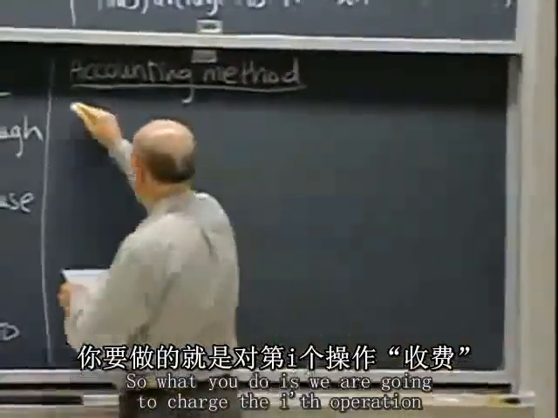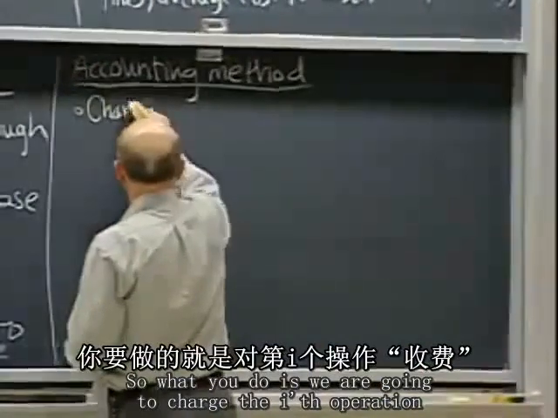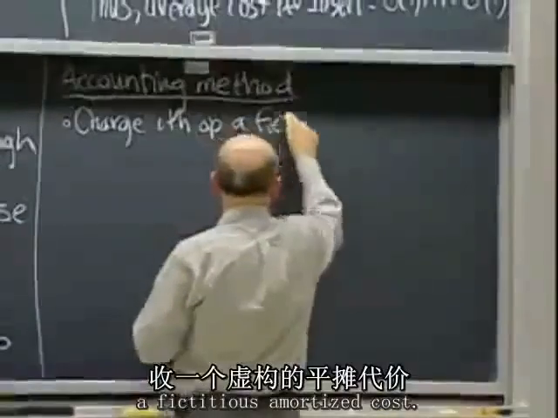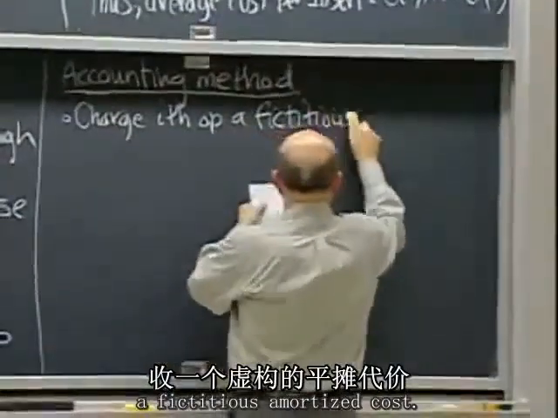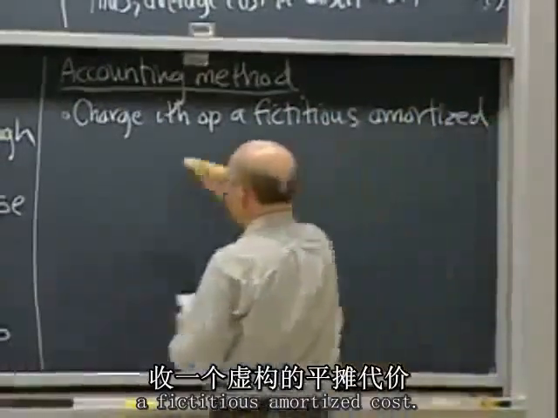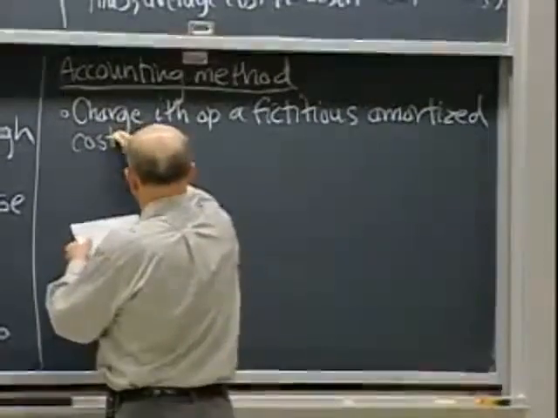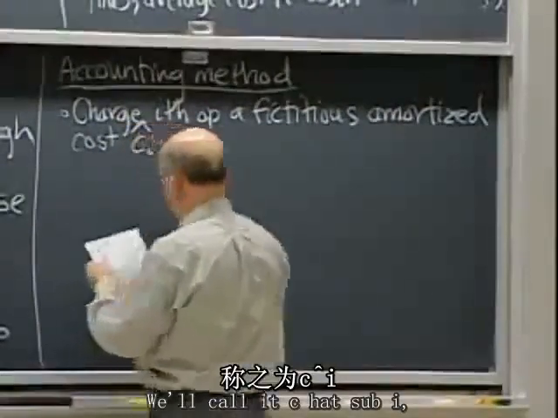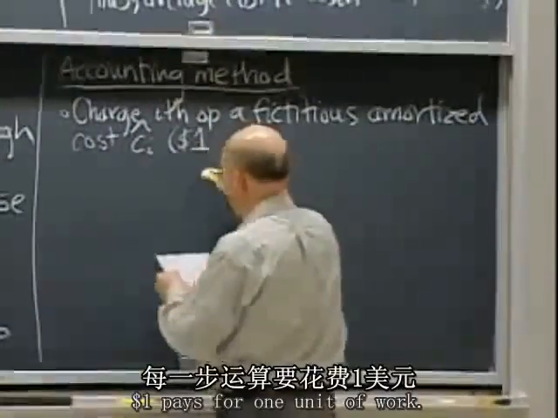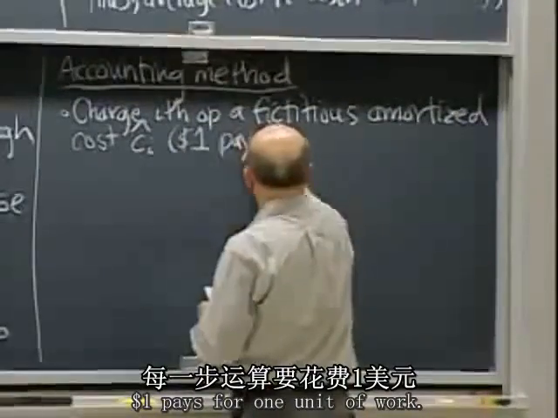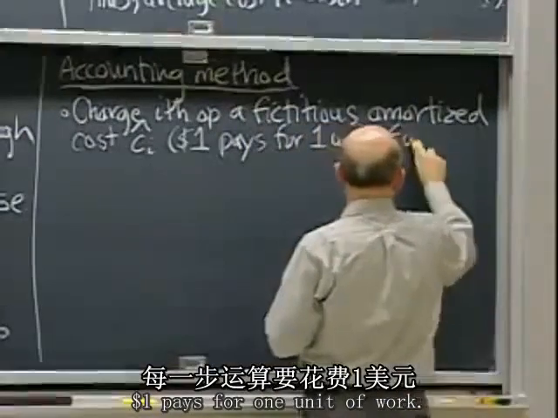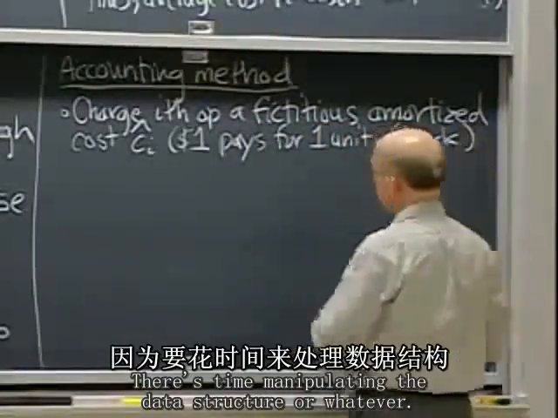So what we're going to do is charge the ith operation a fictitious amortized cost, we'll call it C hat sub I, where we're going to use the abstraction that $1 pays for 1 unit of work. In other words, of time manipulating the data structure or whatever.